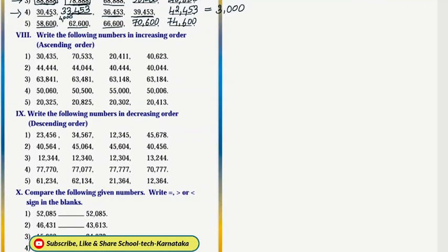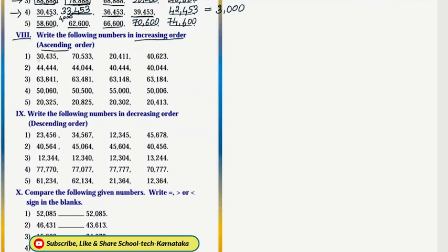Now, in our 8th exercise, we have to write the following numbers in increasing order, that is ascending order. In ascending order, we write the smallest number first and then the largest. So, how do we find the smallest number?